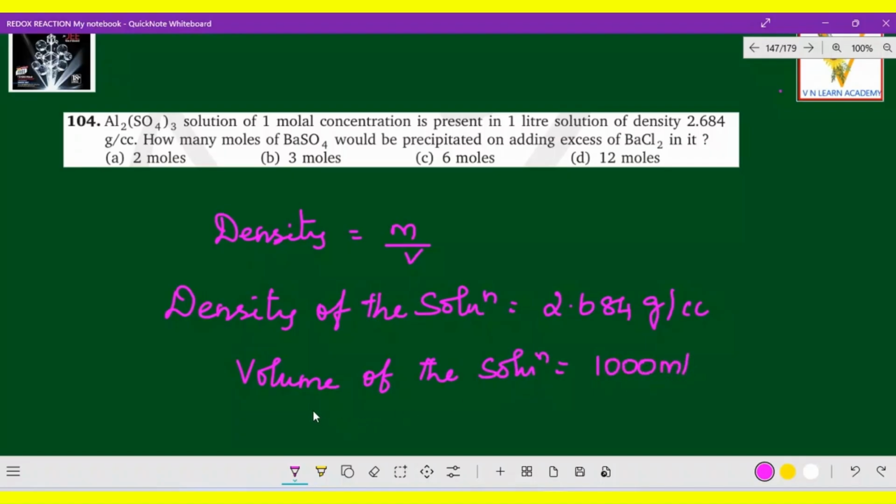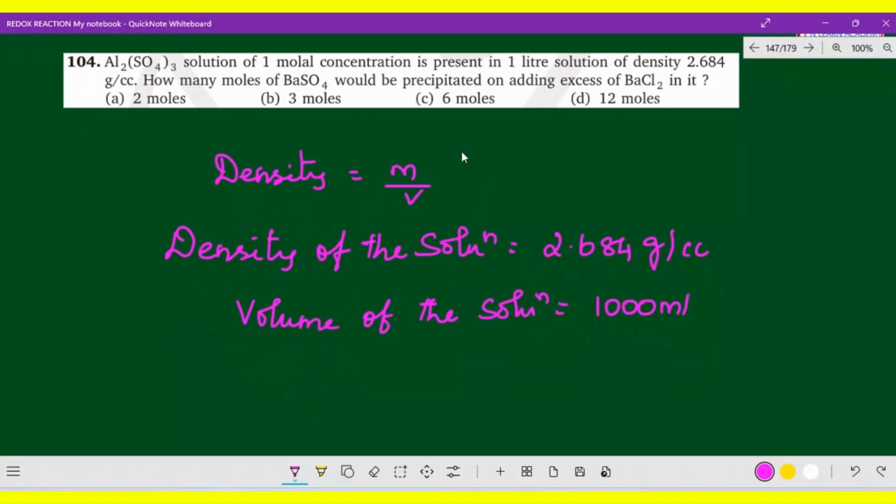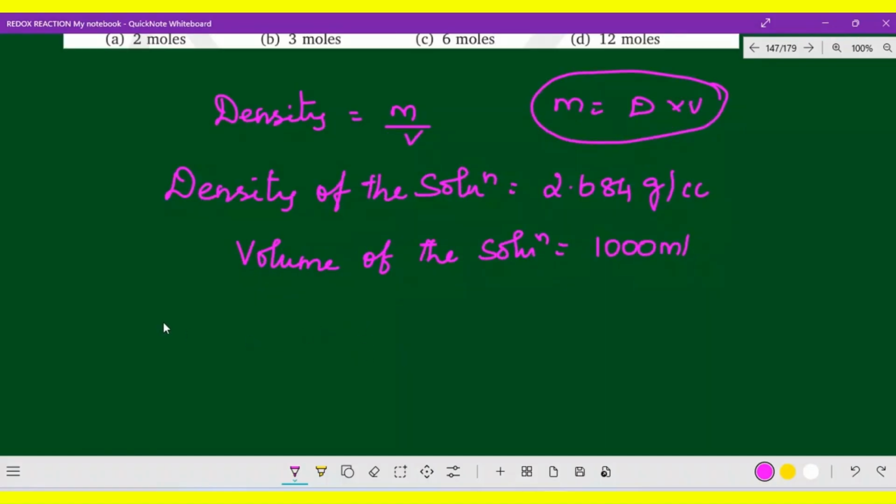Now the mass of the solution, because mass equals density into volume, so it is easy to identify. Mass of the solution equals density into volume.